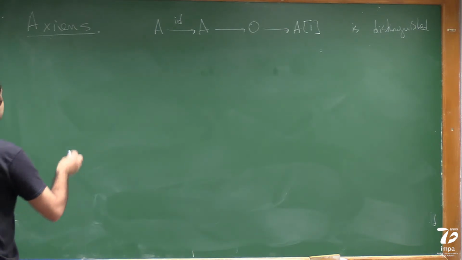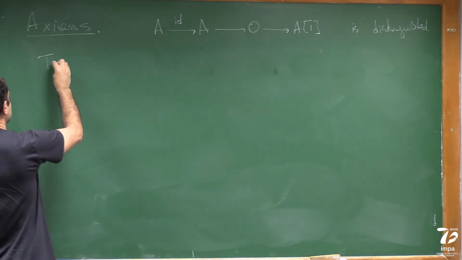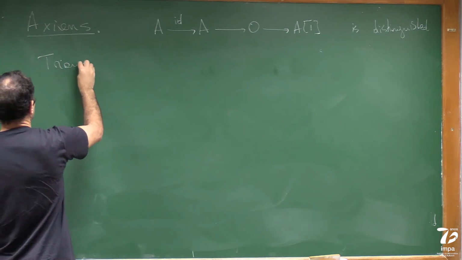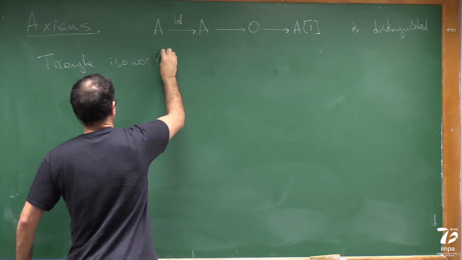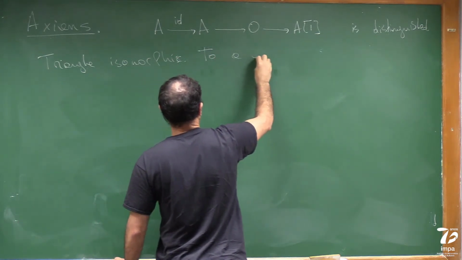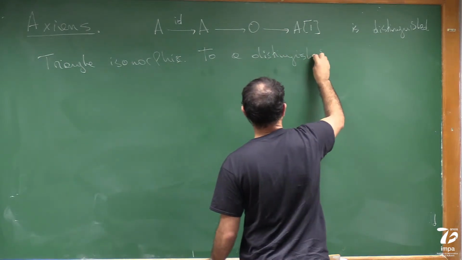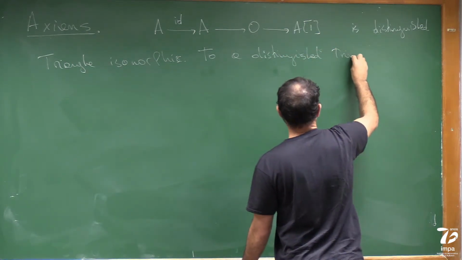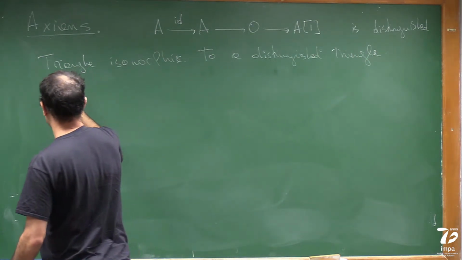I'm also going to say that any triangle that is isomorphic to a distinguished triangle is distinguished.